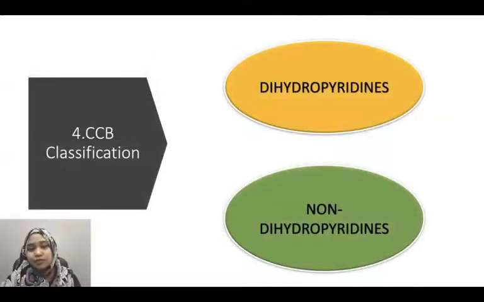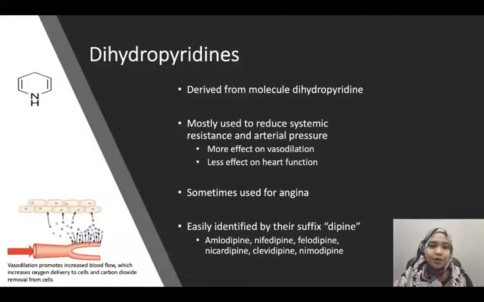Calcium channel blockers are divided into two main categories, dihydropyridines and non-dihydropyridines. Dihydropyridine groups derive from molecule dihydropyridines, as you can see in the diagram, and it is used mostly to reduce the systemic resistance and arterial pressure, which has more impact on vasodilation activity.